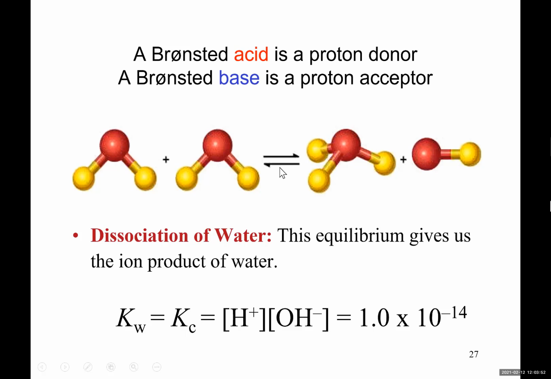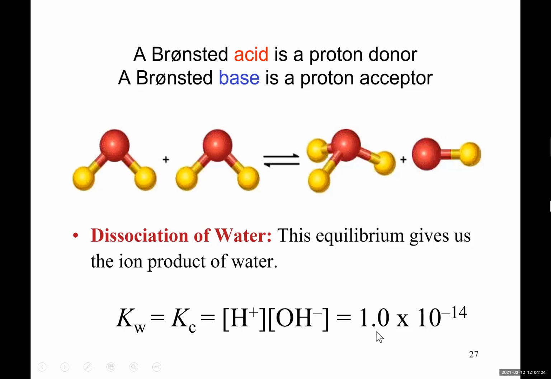As you see, this reaction is an equilibrium reaction. When you see double-sided arrows, you already know you are dealing with an equilibrium. Every equilibrium has an equilibrium constant, which shows how far the reaction goes to the right. Now, the equilibrium constant for ionization of water is the hydrogen ion concentration times the hydroxide ion concentration.